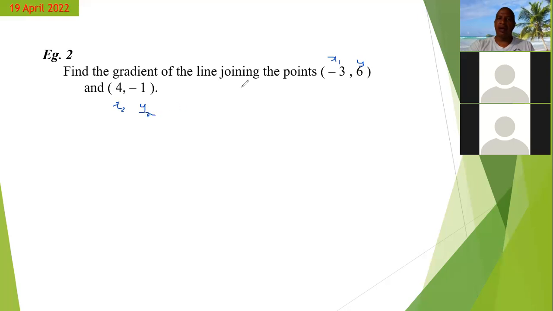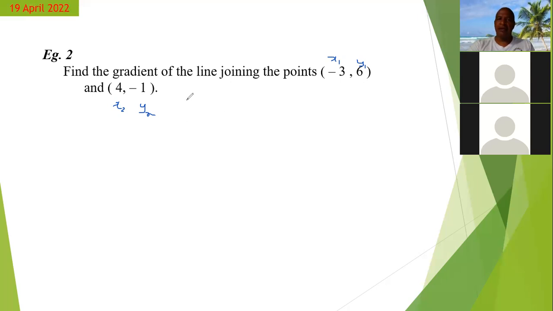You could also label them the other way, putting x1, y1 with the 4 and negative 1, and x2, y2 with the negative 3 and 6. All you need to do is, whichever way you're subtracting, make sure you take away the x1 and y1 values from the x2 and y2 values of the other point.